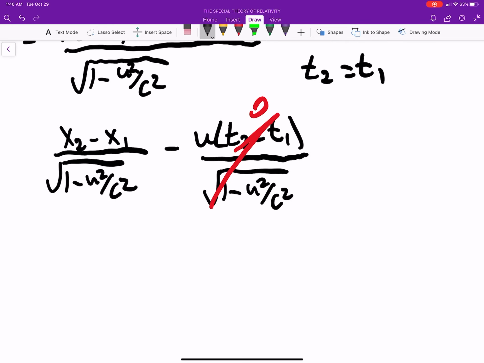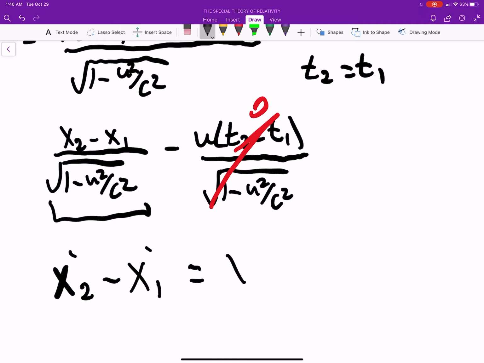Okay? So finally, we have x prime 2 minus x prime 1 equals what's left, which is just this, all over the square root of 1 minus u squared over c squared.